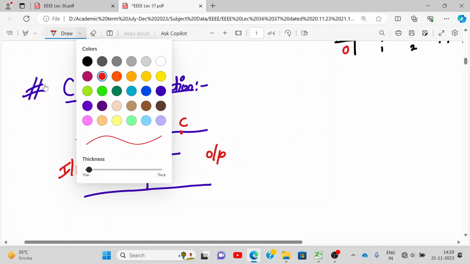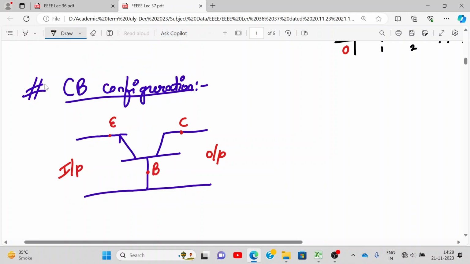Now tell me what I will write for input current. Can you tell me input current direction outward, IE? And what is my input voltage? VB, right? Yes or no? Acha, what is my output current? IC. And what is my voltage over here?